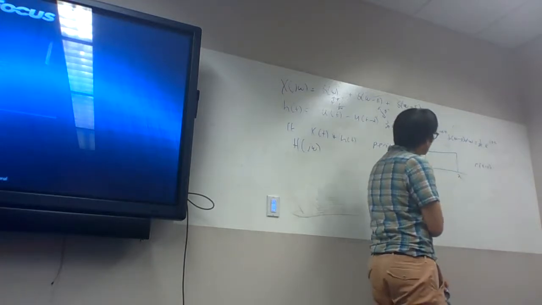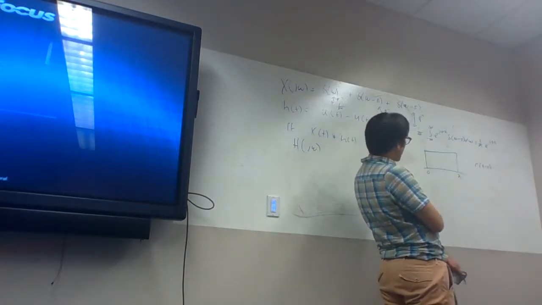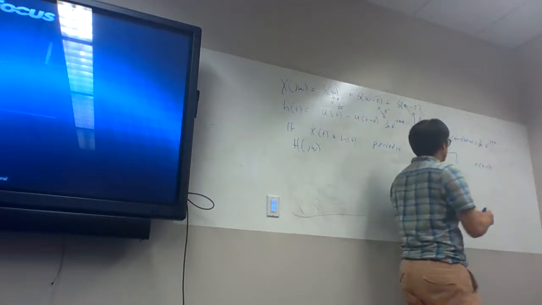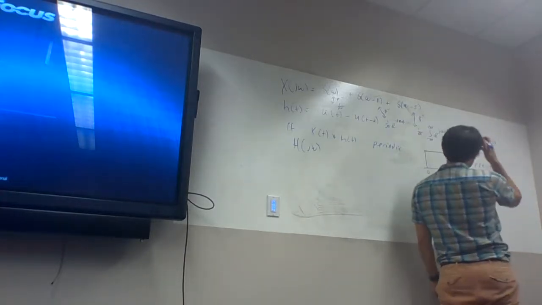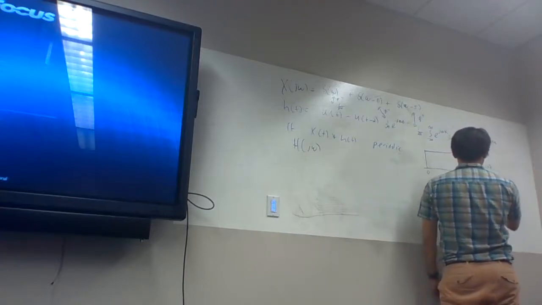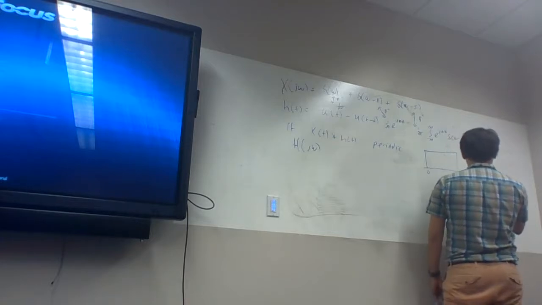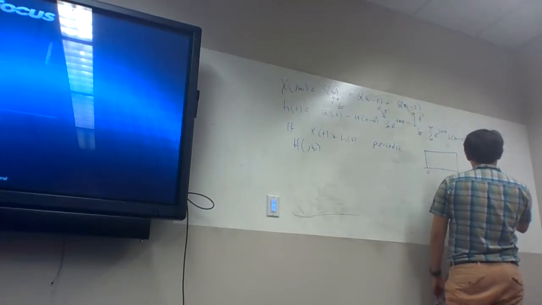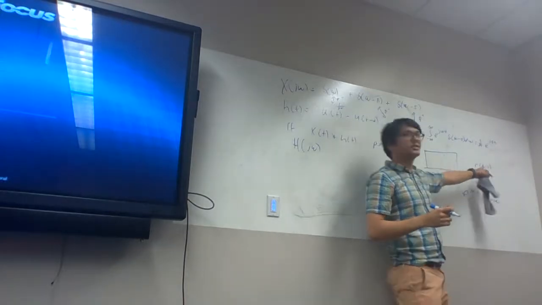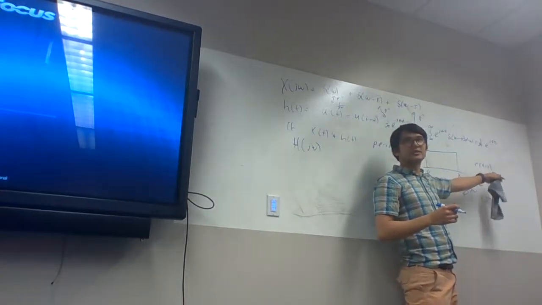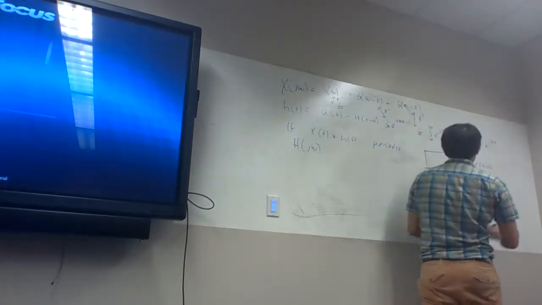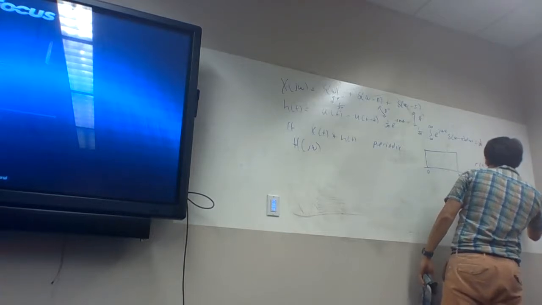Using the time shifting property, this is going to give us e to the negative j omega times 2 sine omega over 2. Because we actually worked out the Fourier transform of this thing. What's that? Over omega, not over 2, yeah. Over omega. So that is equal to h of j omega.